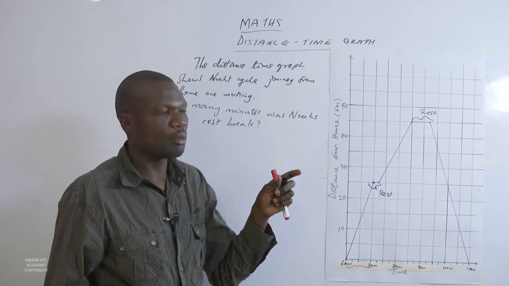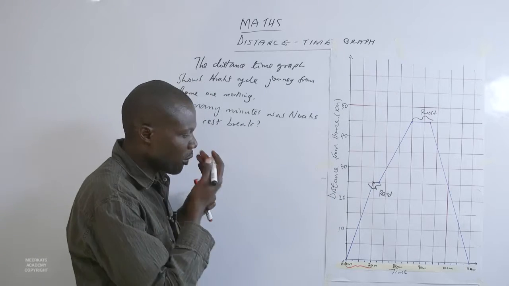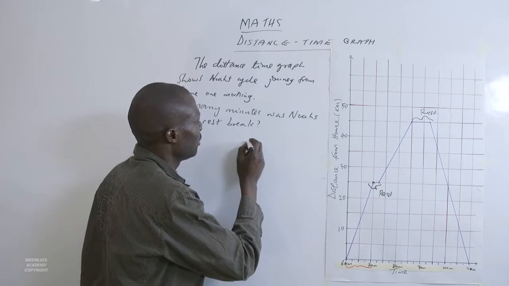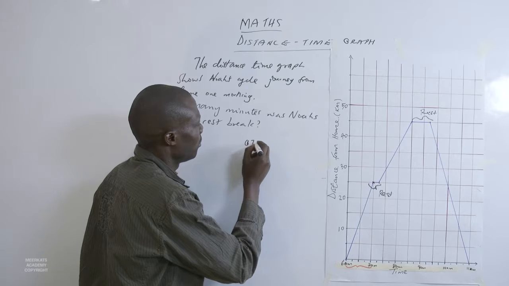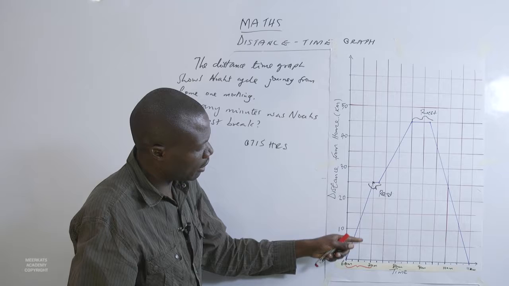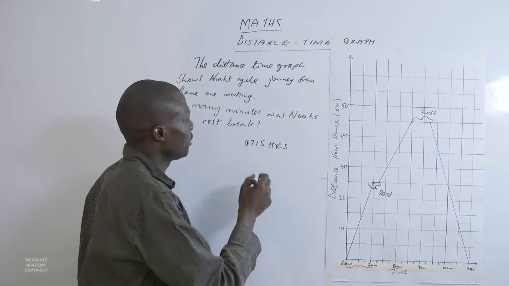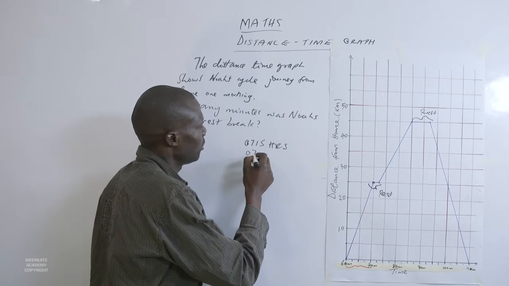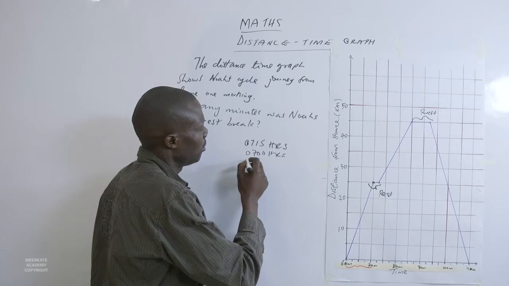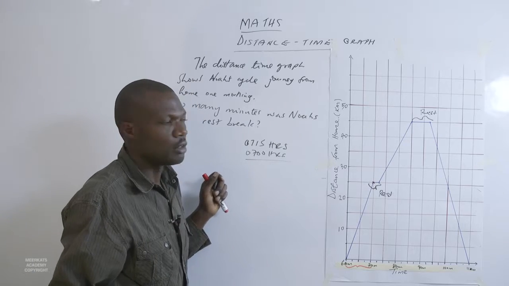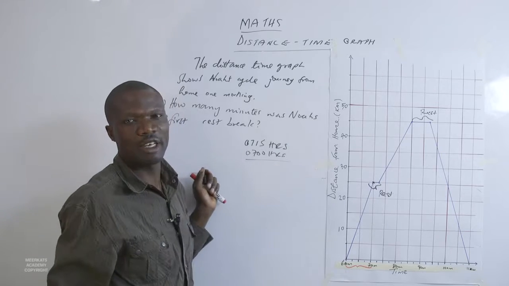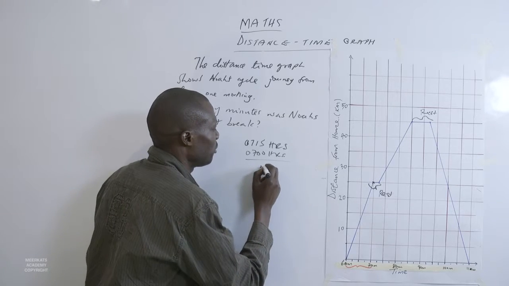To find what the break is, take the last time, which is 7:15, less the former time, which is 7:00. 7:15 hours minus 7:00 hours, you will find is only 15 minutes.